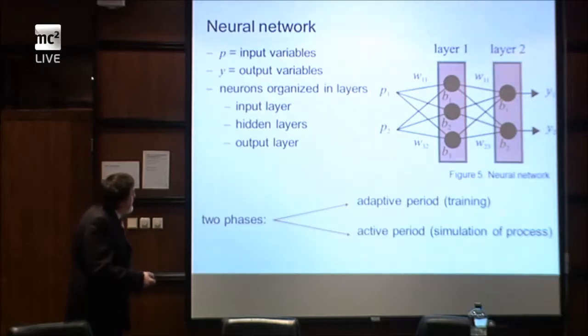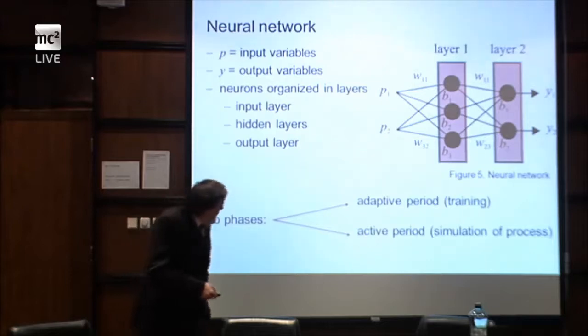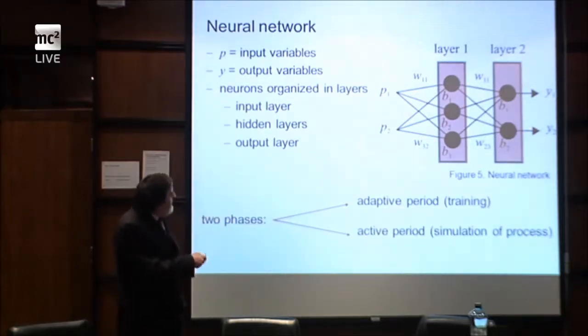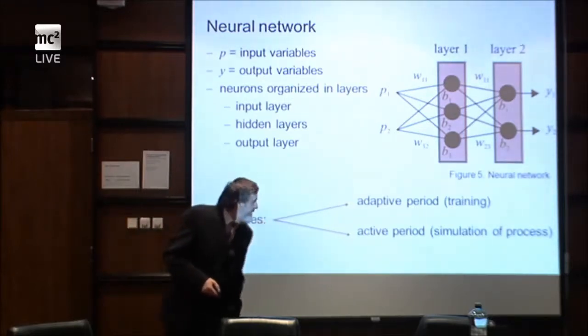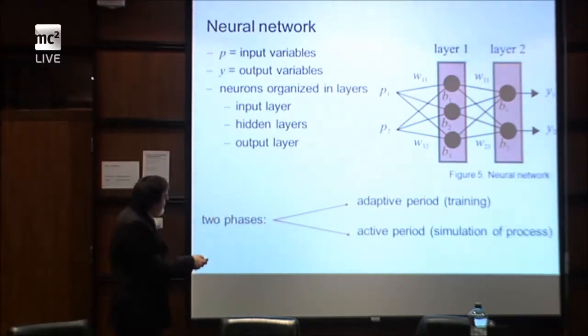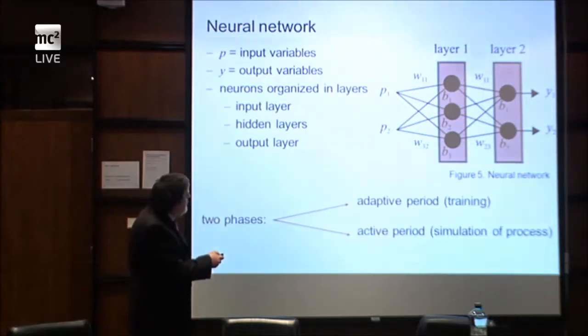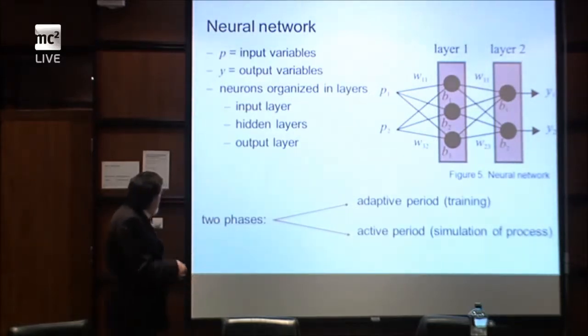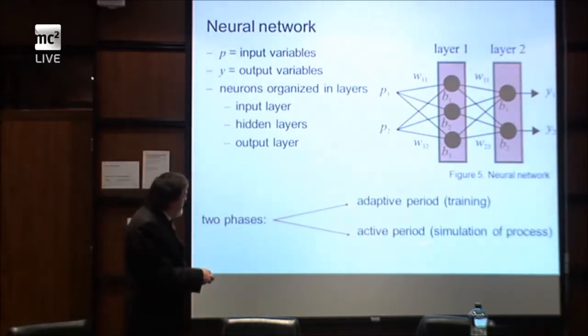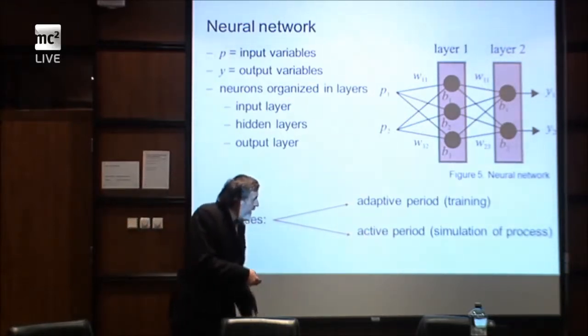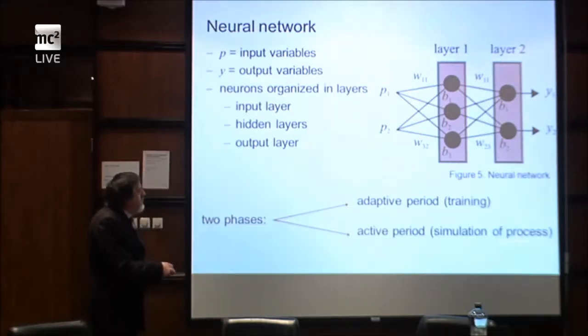Working with artificial neural networks is working in two phases. First of all, the network should be trained. This period is called the adaptive period, right? In this case, the network should be trained in order to determine weights and biases by realization by sets of P and Y. After that, the second phase, which is of course the reward for why we do this training, is simulation of the process.